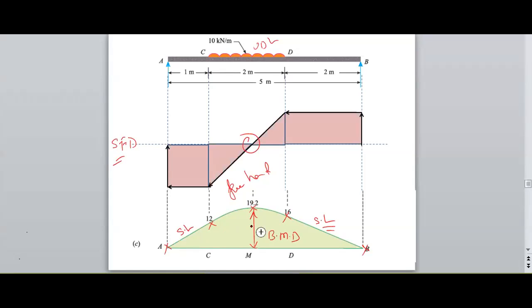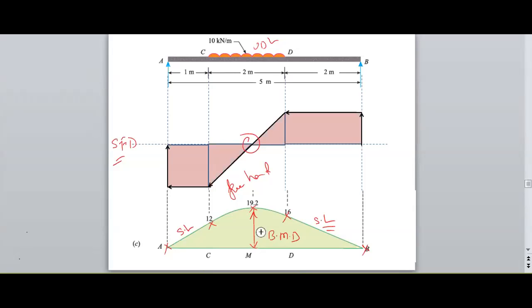So with this, the UDL on the beam is completed. Next problem, tomorrow we will discuss a beam having a UDL and a point load.